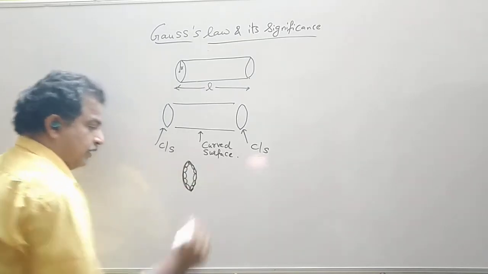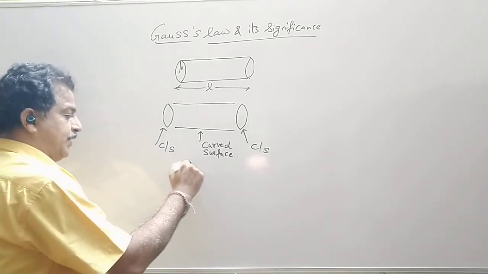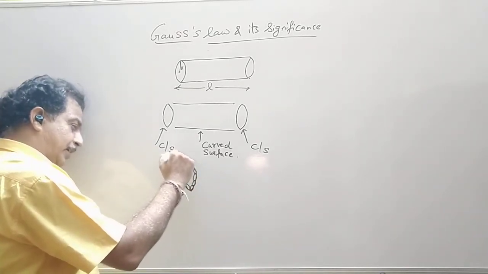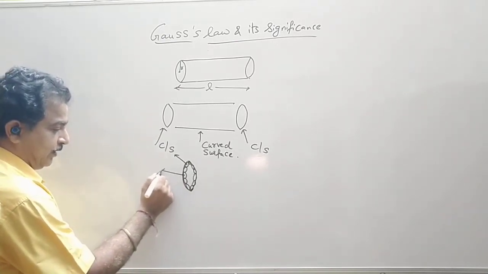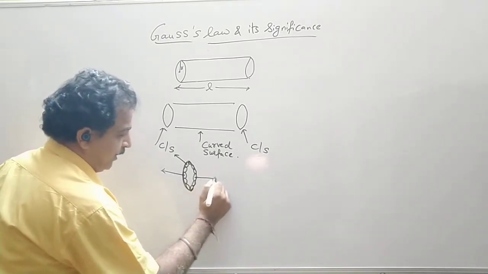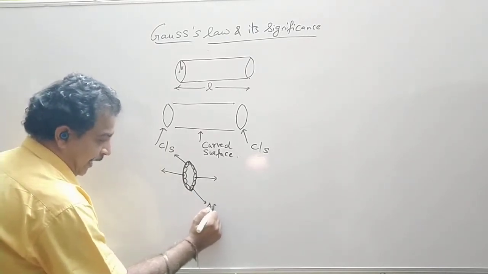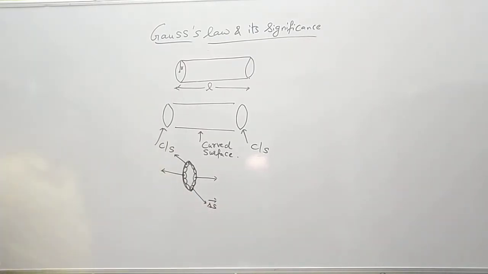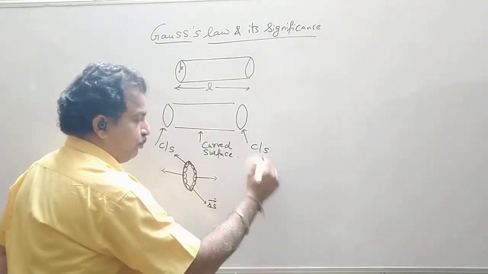The entire cross section is divided. If I take this element, the area vector will be normal to it. This element, this will be the normal. This is delta S vector. So this is how the cross section is assumed to be divided into small elements.